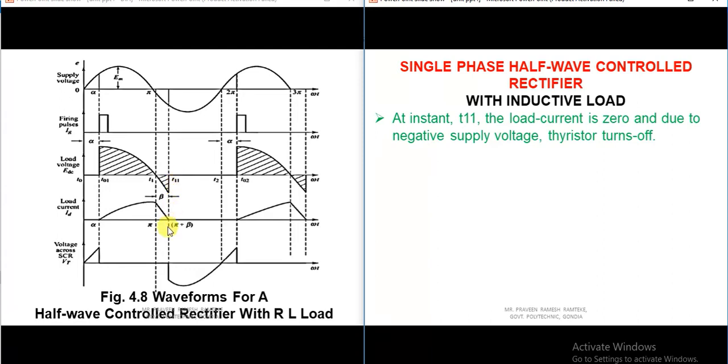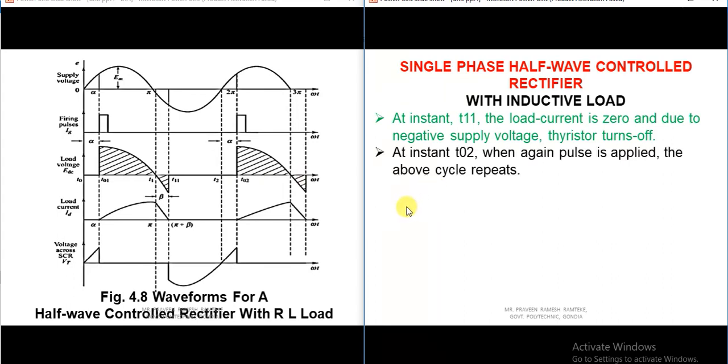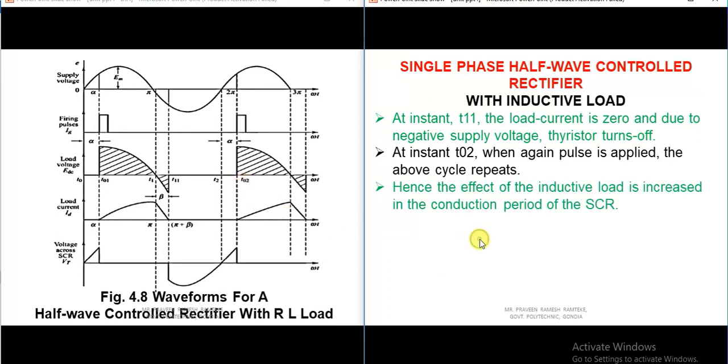And due to negative supply voltage, the SCR is off. As SCR is off, the load current is 0 and the load voltage is 0. At instant t02, when again the gate pulse is applied, the above cycle gets repeated.